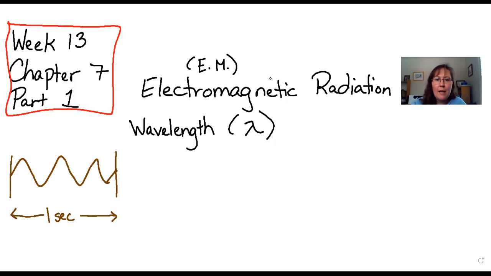So what is lambda? Lambda is this distance here. It's the amount of space from peak to peak or trough to trough. Now the next thing that we have is frequency.